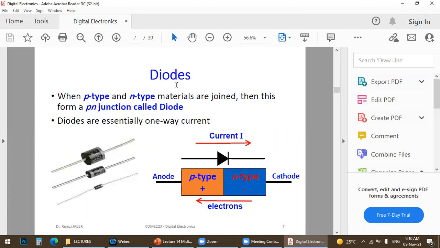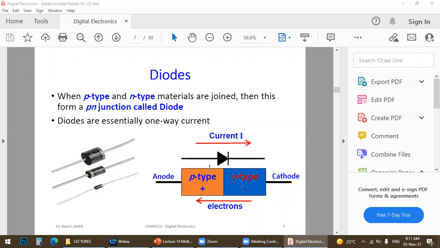What are diodes? For diodes, we have p-type and n-type, called a p-n junction.